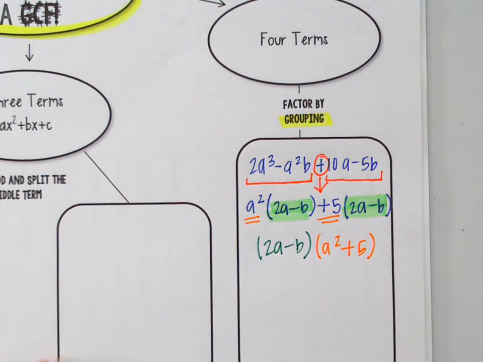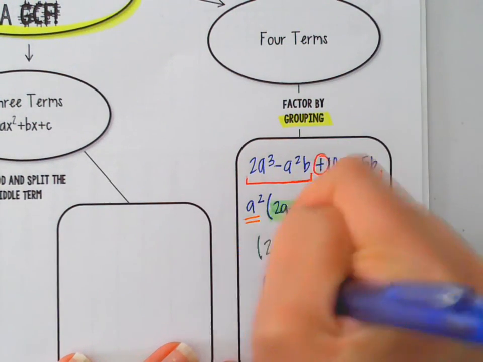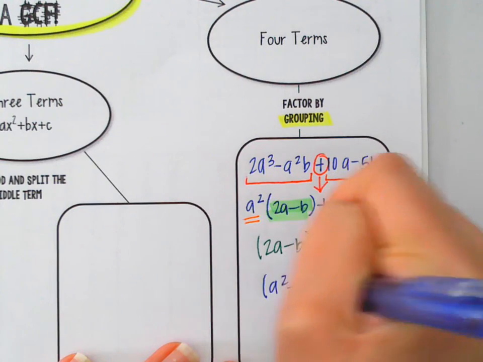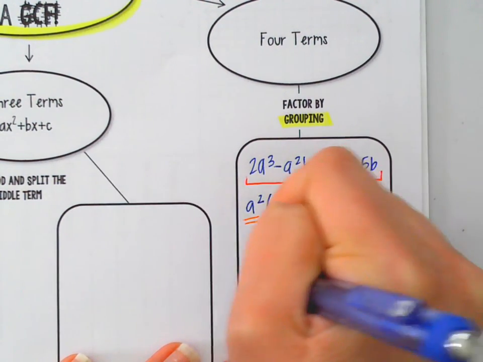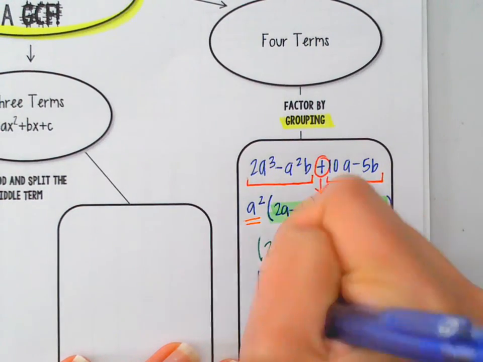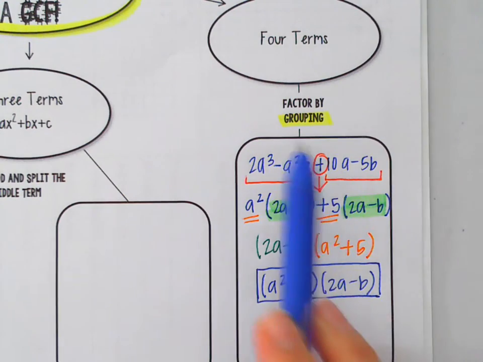And that's it, that's my final answer. Now remember, you can write this any way that you want. This is the right answer, or you can write it as a squared plus 5 times 2a minus b. And that is factoring by grouping.